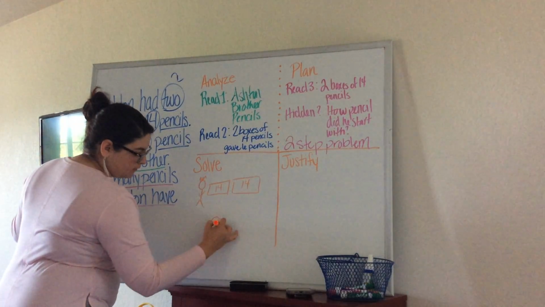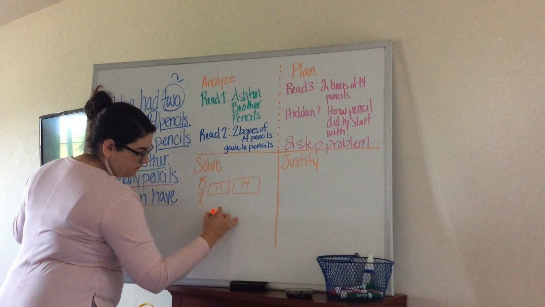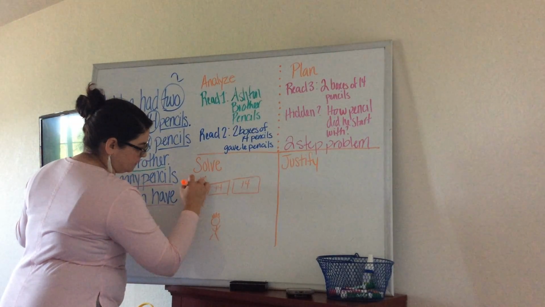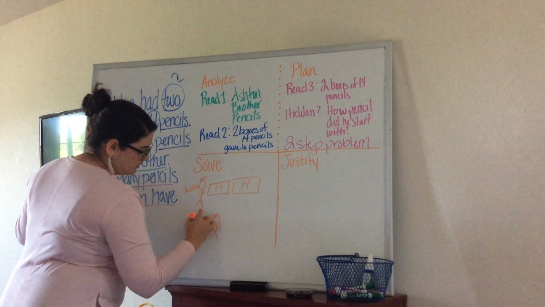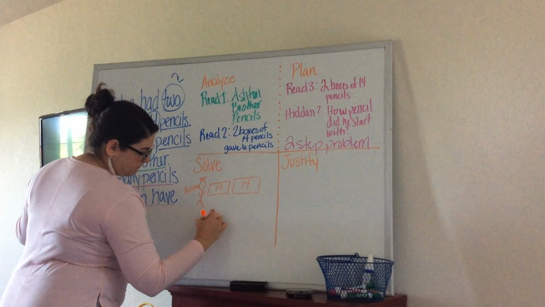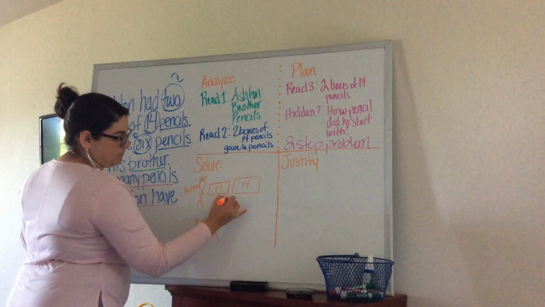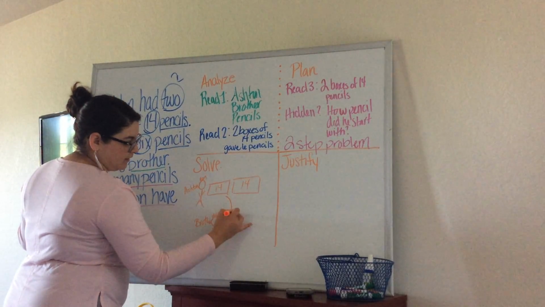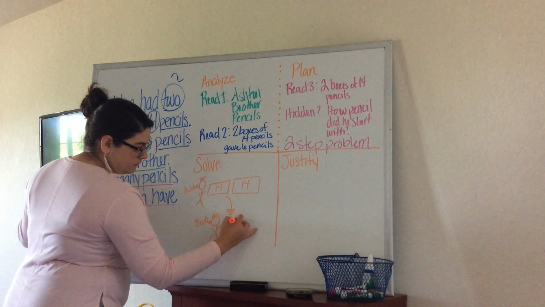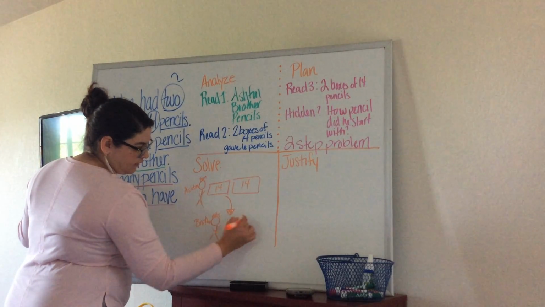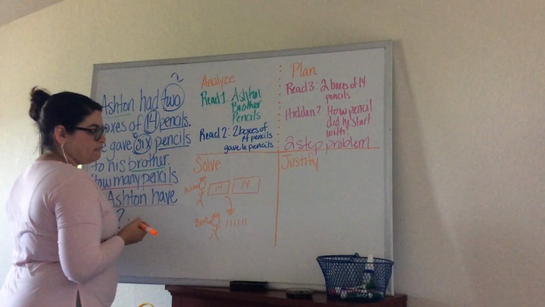Then we have his brother. So let's label. This is Ashton, and this is his brother. Once I figure out how many pencils, we know that he gave him 6. So that's 6 pencils.